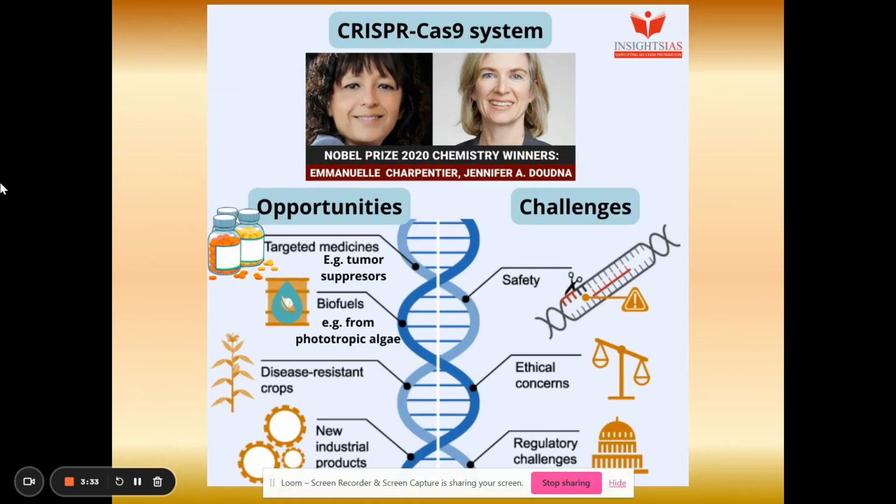So what you see here are a couple of ladies associated with this CRISPR, this Cas9 system, and some of the challenges that they face, the safety of this. So yeah, there's a target piece of DNA, but what if it goes in and inserts the gene into a non-target piece of DNA? It could happen. Ethical concerns.